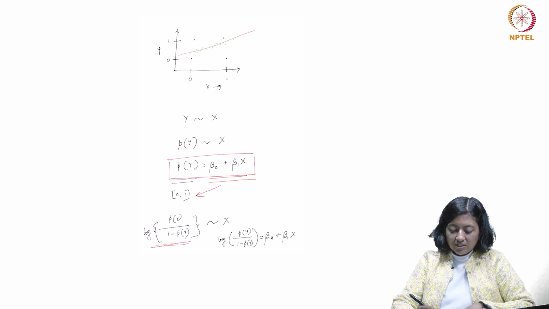Hence, we do not need to worry about the right hand side resulting in an outcome between a specific interval 0 or 1.